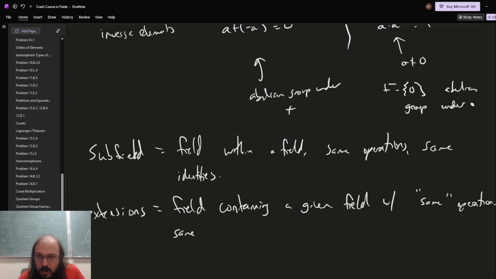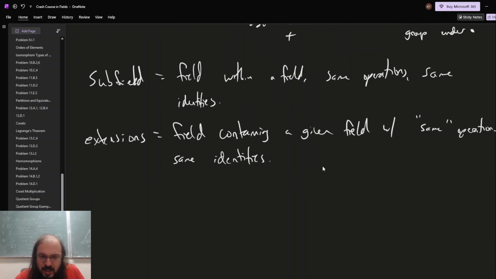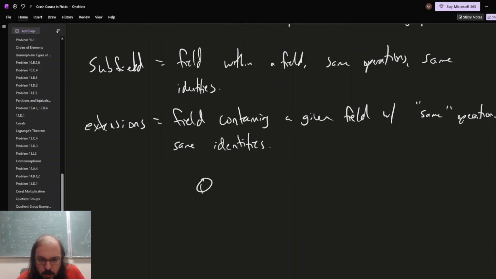And so, I have to say what it means to be the same for those new elements. But the idea is that in the bigger field, if I look at the smaller field inside the bigger field, the arithmetic is the same. So think about like Q sitting inside of R, right? Or R sitting inside of C. If I do 1/2 plus 1/3 and get 5/6, that's the same thing no matter what context I'm thinking about these in.